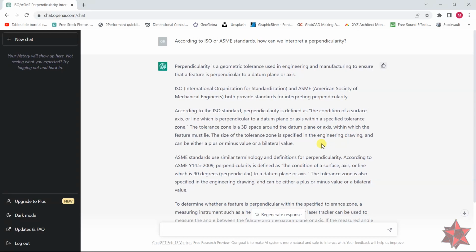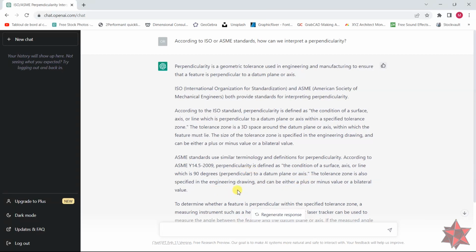But it provided the wrong input for the size of the tolerance zone on both the ASME standard and the ISO standard. As we see right here, this is what it wrote about the size of the tolerance zone. It says that it can be a plus or a minus value or a bilateral value. And here as well, plus, minus or bilateral value.